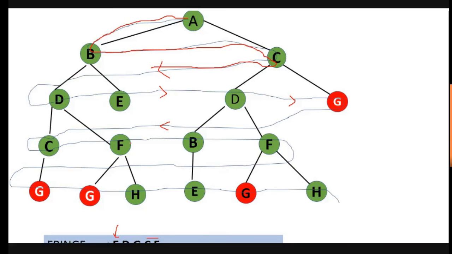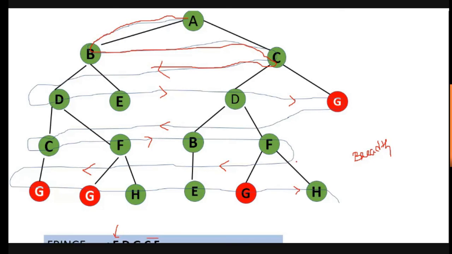Every node is expanded in the breadth fashion, left to right, till the last node. The movement is horizontal, in the breadth fashion. So it is called breadth search.